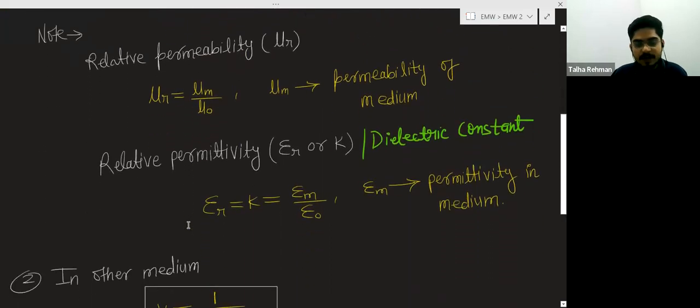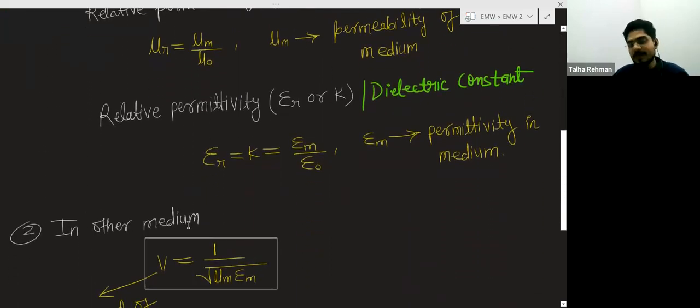Now in any medium other than air or vacuum, because light is an electromagnetic wave, light can travel in other mediums also, like in water and in glass. But the speed of light will be different in each: in air, in water and in glass.